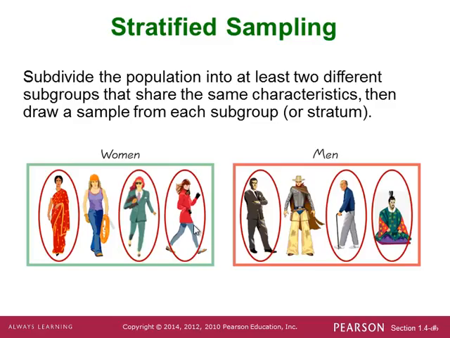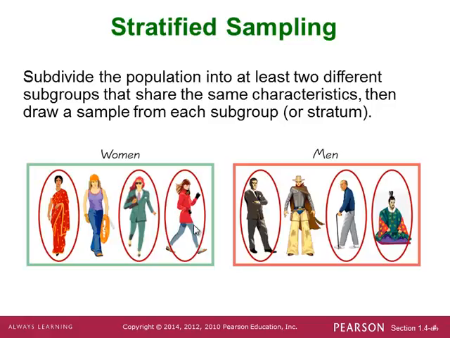Now, there are going to be times when you're doing a study in which there might be some sort of different overall opinions. But you want to make sure that you get an equal number of individuals from each of the groups.